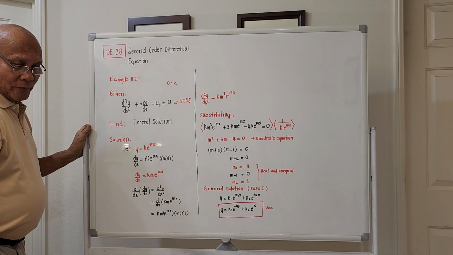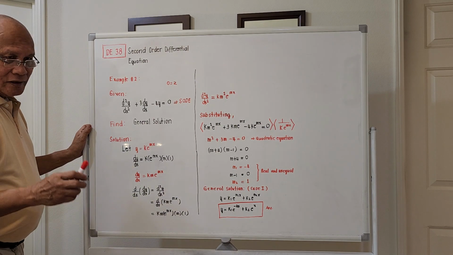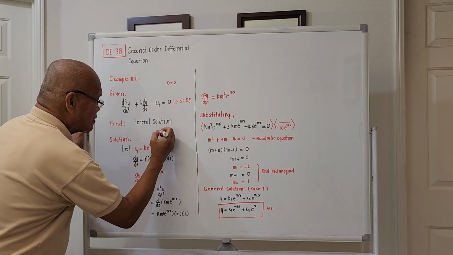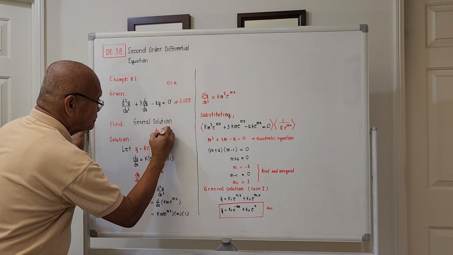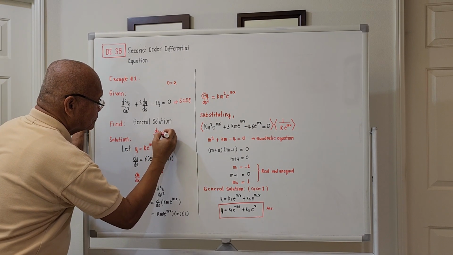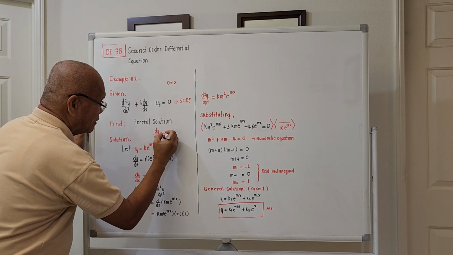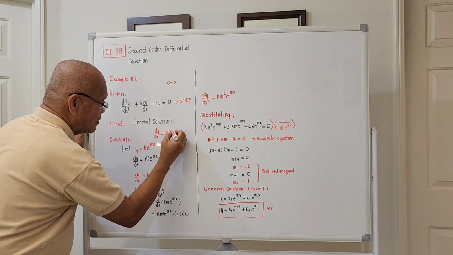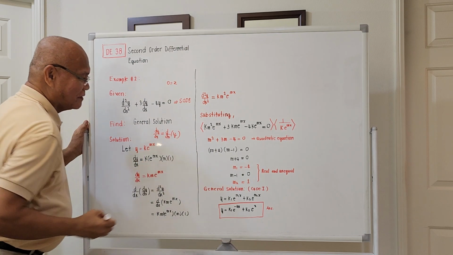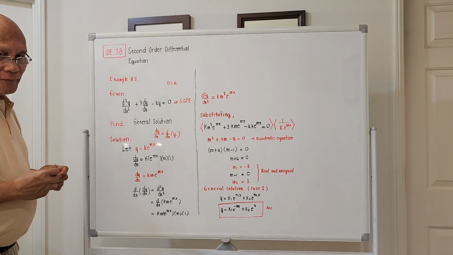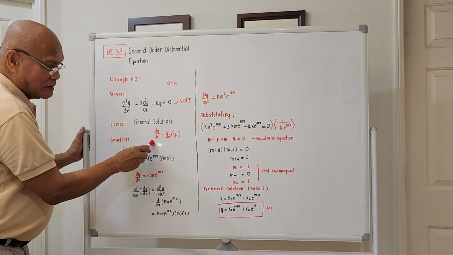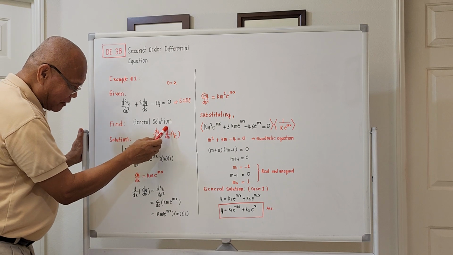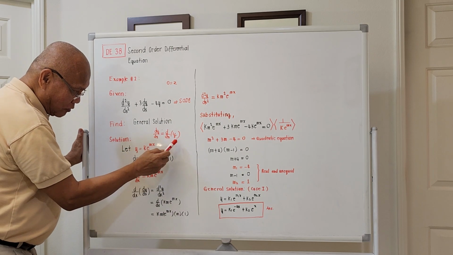Okay? Let's try to take the value of dy dx. The value of dy dx is equal to the derivative with respect to x of y, right? In order for us to take dy dx, it will be equivalent to the differential with respect to x of y.